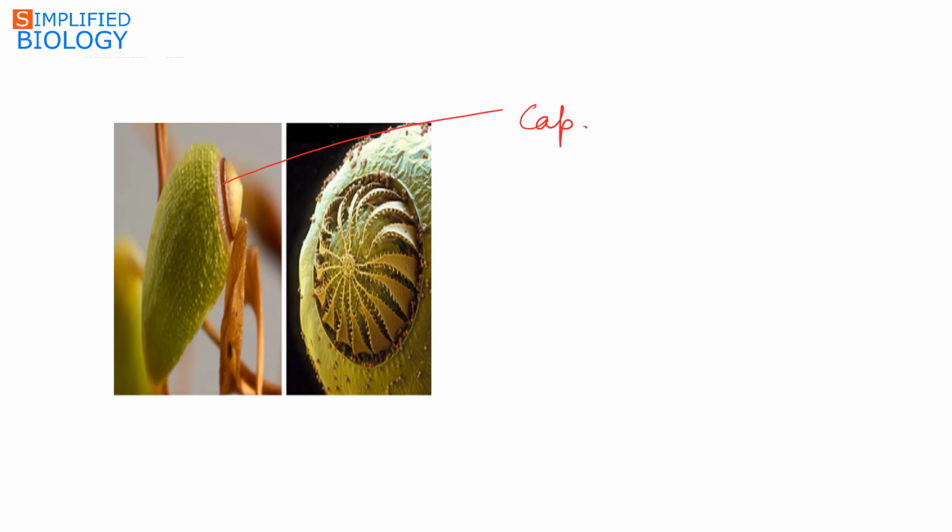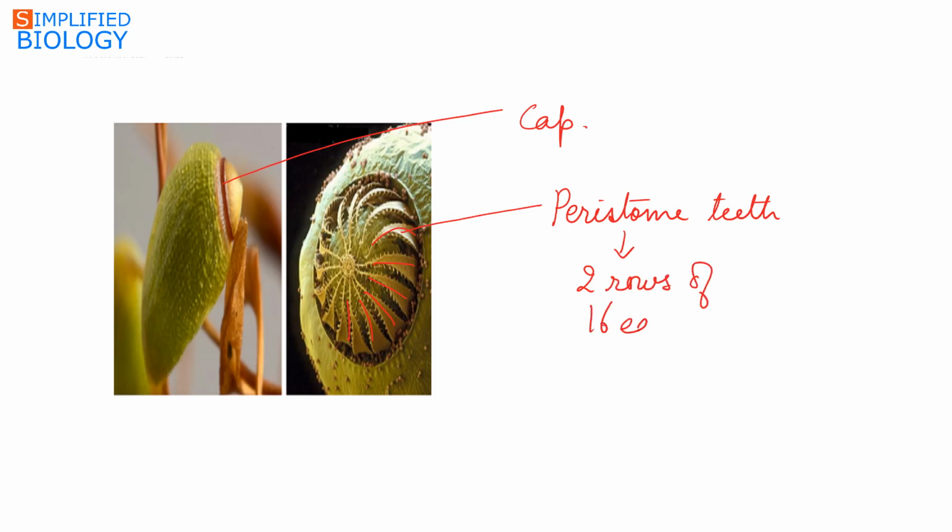But further covering the spore sac after the operculum is released are peristome teeth. Now these are the peristome teeth that develop in 2 rows of 16 each that completely cover the spore sac.